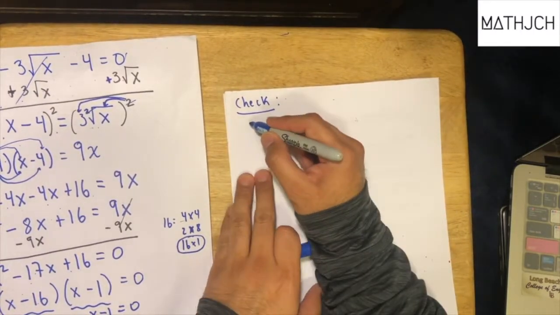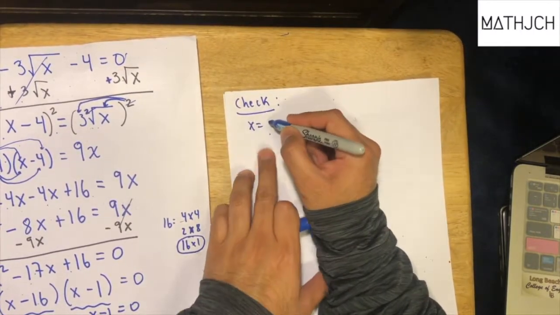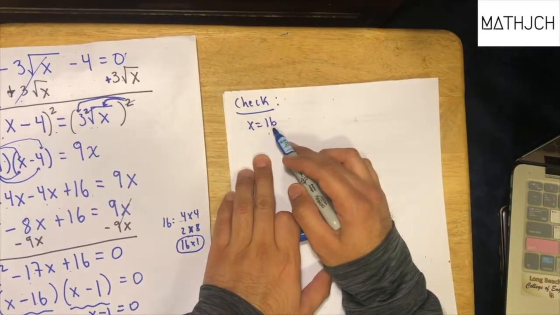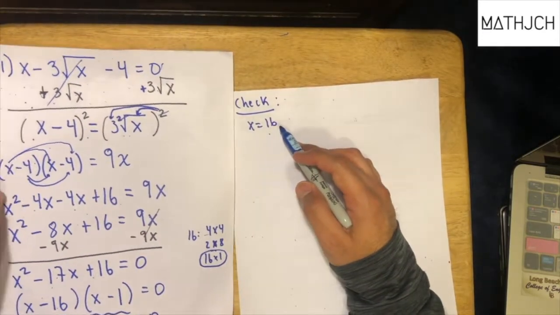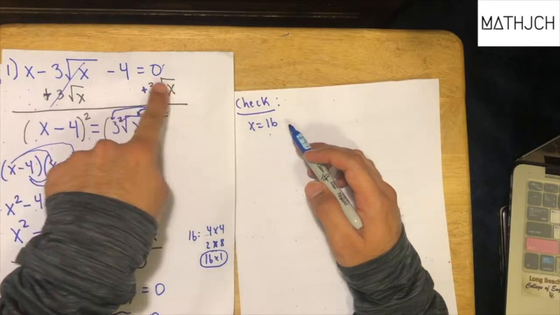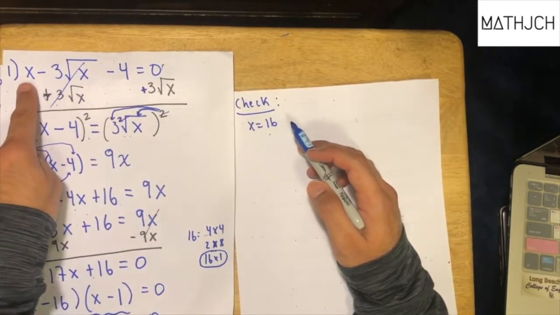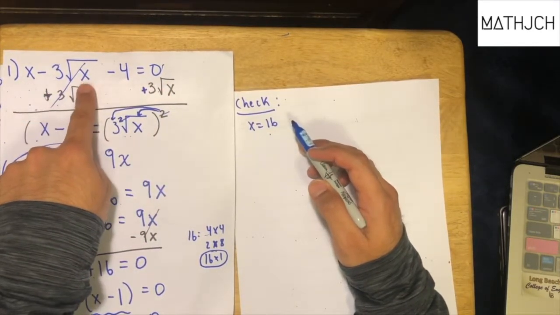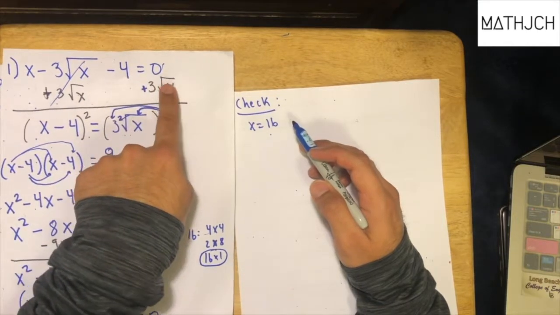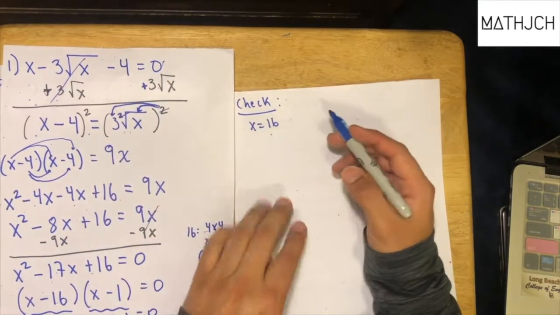Let's start with x equals 16. And we're gonna plug in 16 into our original equation and see if that gives us 0 at the end.